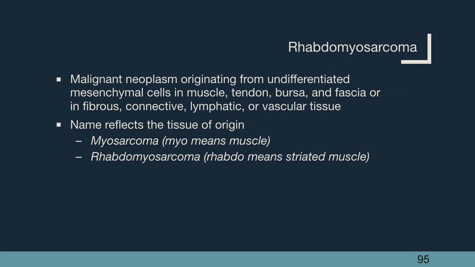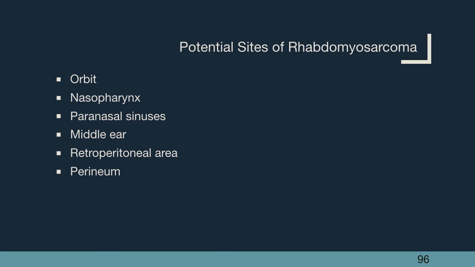Myosarcoma means myo is muscle, and rhabdomyosarcoma means, rhabdo means striated muscle, so striated muscle sarcoma. And the potential sites for that are the orbit, the nasopharynx, the paranasal sinuses, the middle ear, the retroperitoneal area, and the perineum.